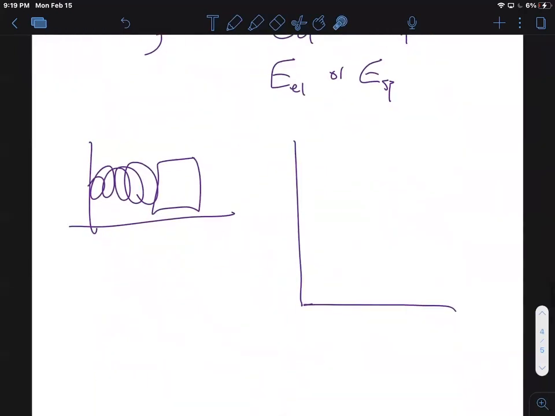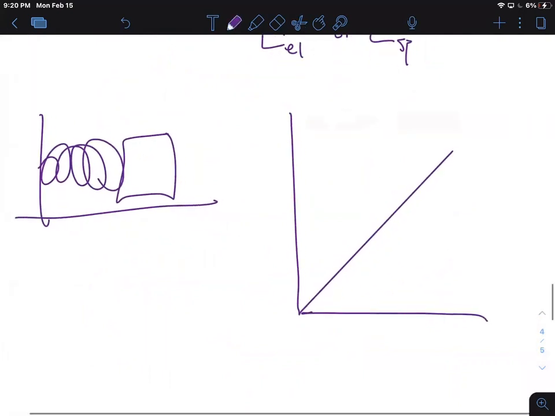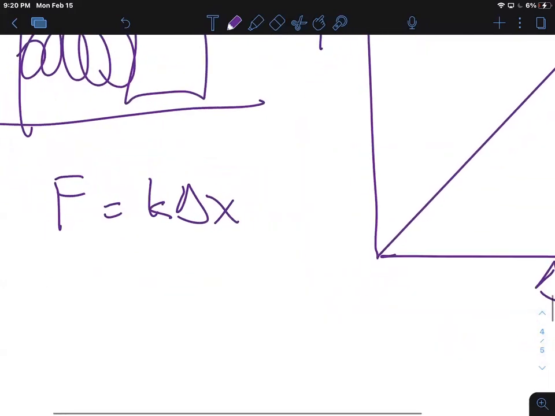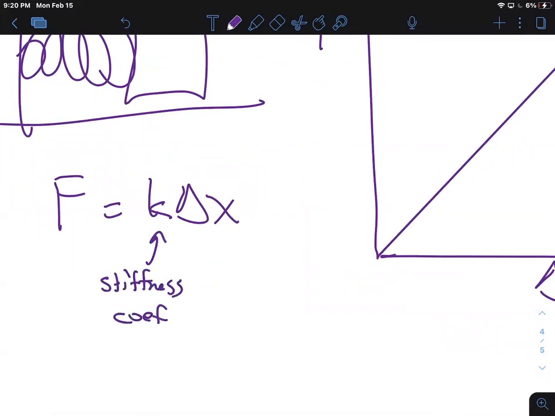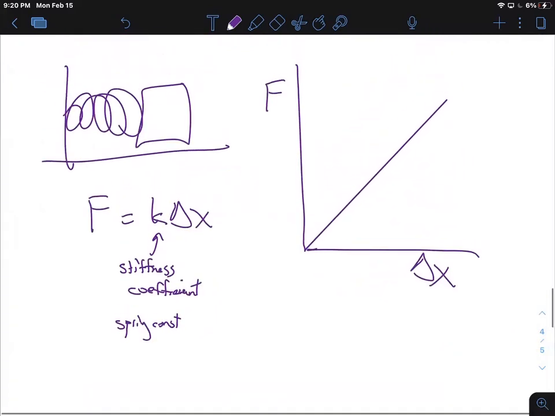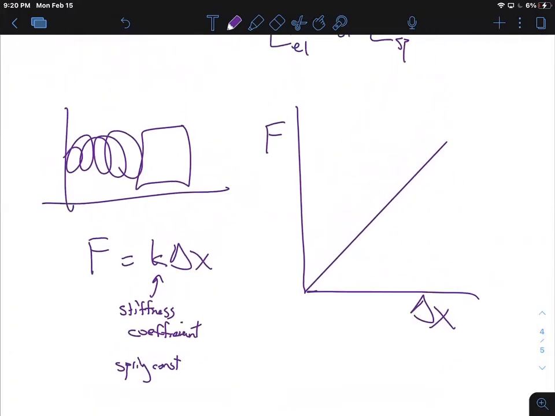We know from our investigations of springs, however, that the force of a spring depends on its displacement. It's not a constant thing. We know the spring equation, F equals K delta X, where this K, remember, is the stiffness of the spring, or the stiffness coefficient, or sometimes it's called the spring constant. So we can't just do F times delta X here, but we do have a recognizable shape.